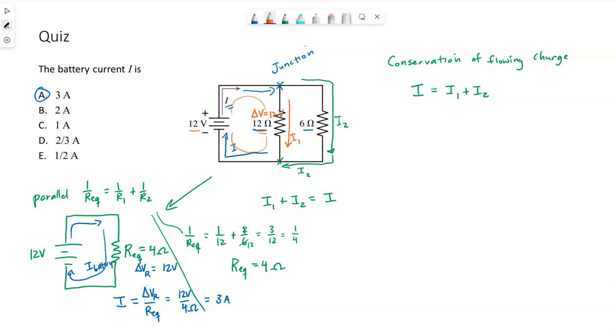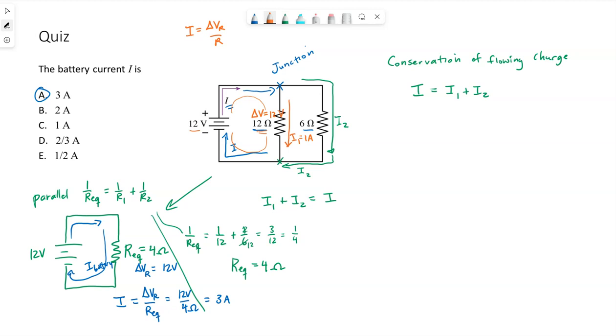If I take this left-hand loop, the only element I pass is the 12 ohm resistor. So that 12 ohm resistor must have 12 volts across it. Well, using I is delta V over R, we find that this I is 1 amp.